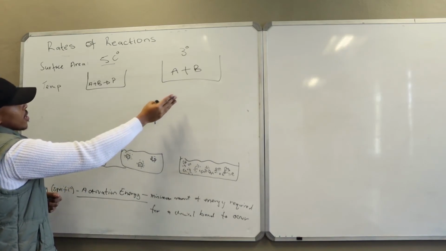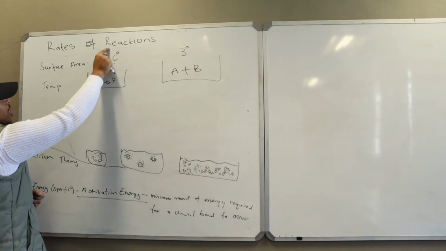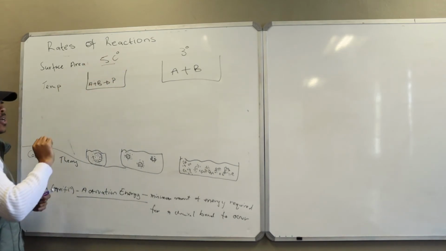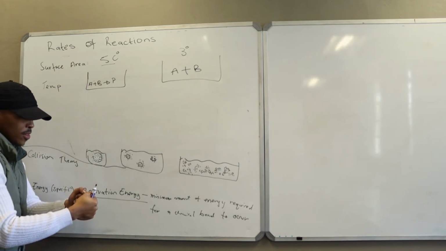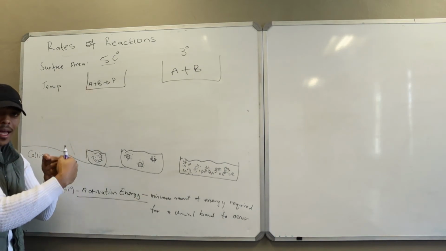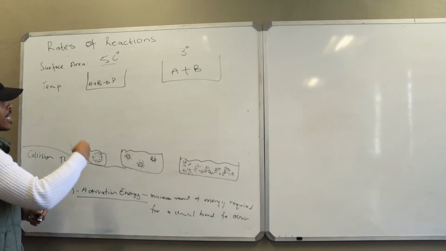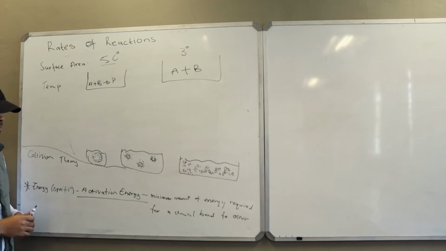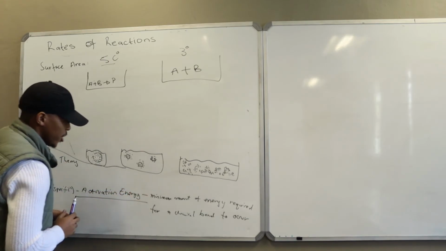In order for the collisions to be effective, it needs to be at this particular temperature, this particular energy. If it's at this energy, then when the atoms of the reactants collide, they will form effective collisions, meaning it would lead to bonds or a chemical reaction. So that is called activation energy.